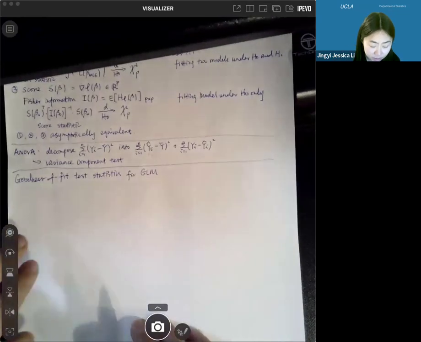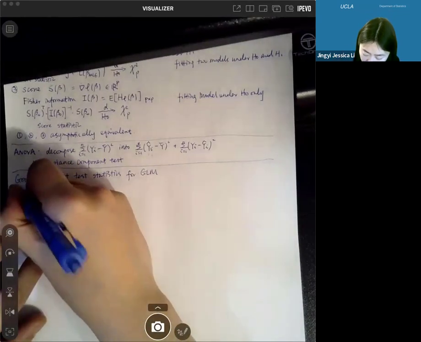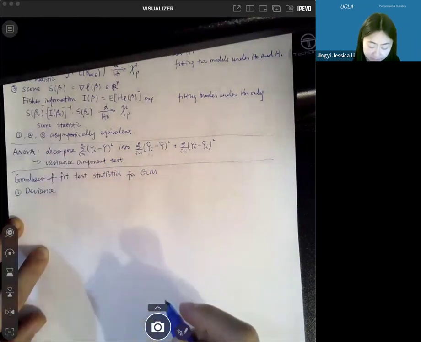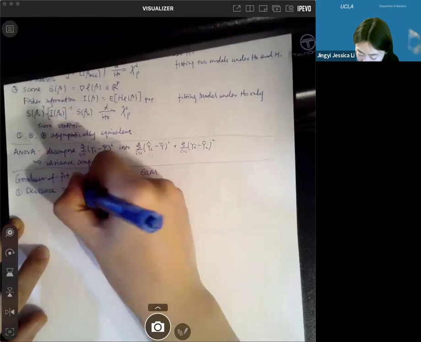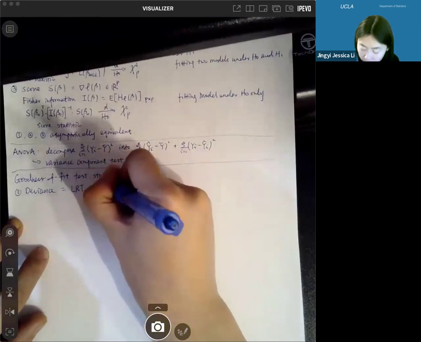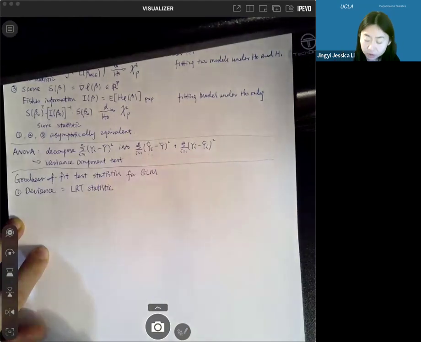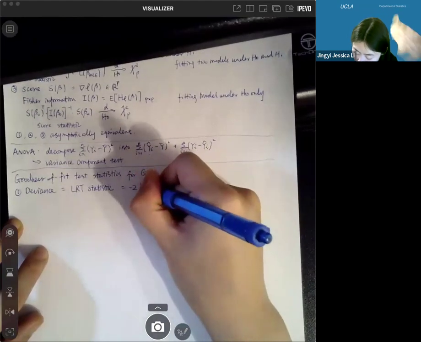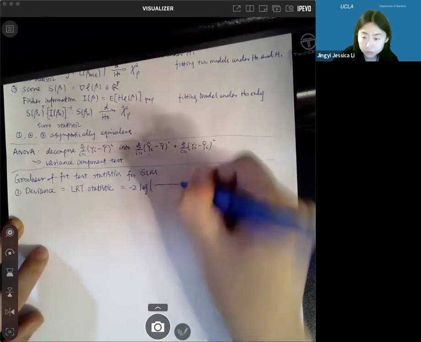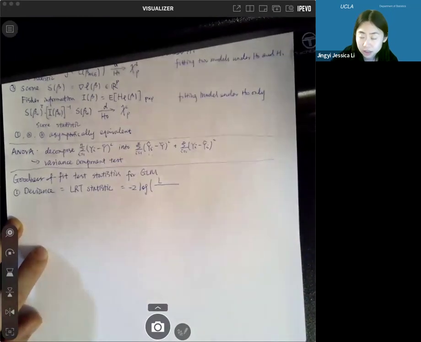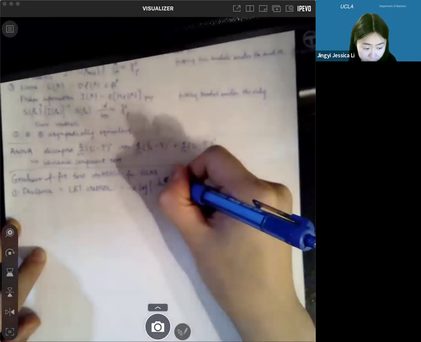The first one we introduced last time is the deviance, which is exactly the likelihood ratio test statistic. Here we are basically comparing two models. So it's -2 times the log of the likelihood ratio. And the smaller model, the more constrained model we consider here, is the GLM.